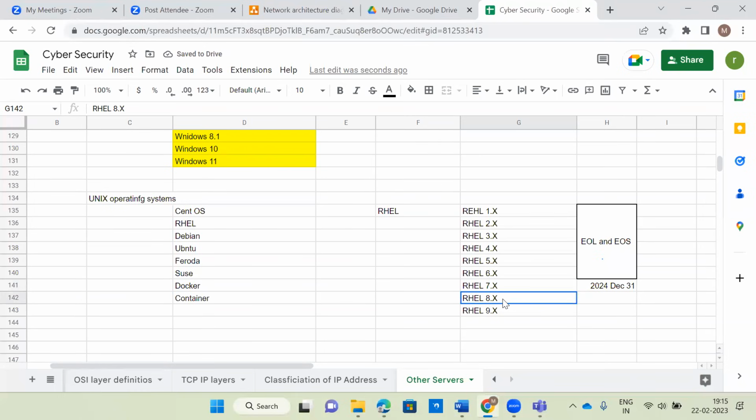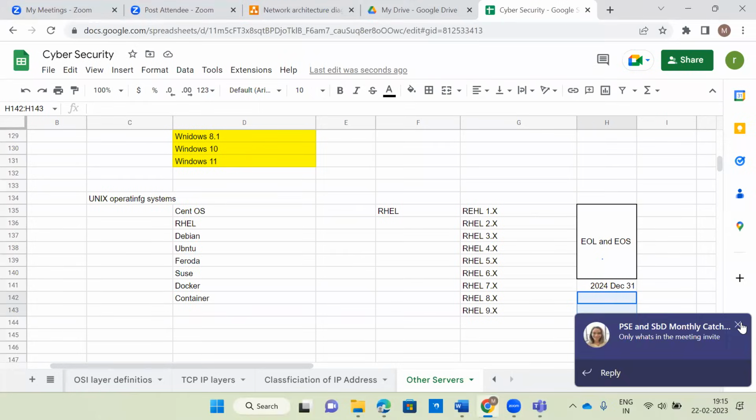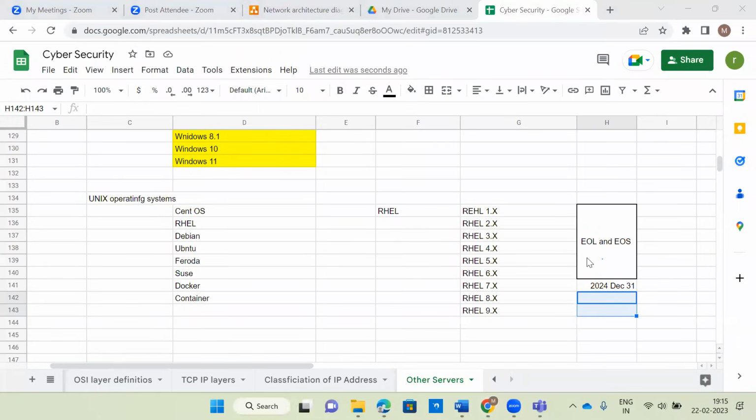So now we have to migrate to 8.x and 9.x. These are completely new servers. The same concept is applicable to CentOS also: CentOS 1.x, 2.x, 3.x, 4.x, 5.x, up to 8.x and 9.x. So that is about the difference between Red Hat and CentOS.